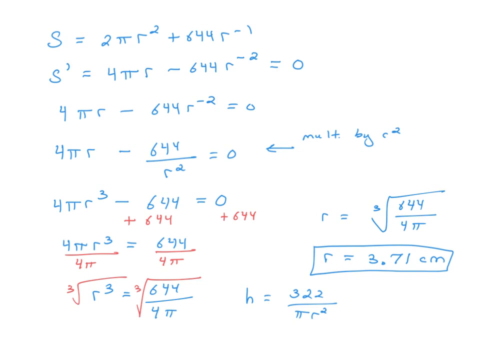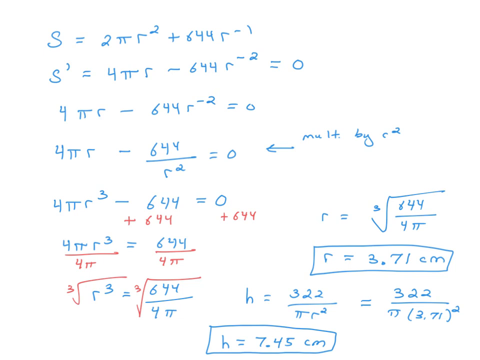So that's 322 divided by pi times 3.71 squared. Okay, and rounded to 2 decimal places, I get that h is equal to 7.45, and that is also in centimeters. Okay, so these are going to be the dimensions of a right cylinder that will minimize the surface area if you know the volume of the can.